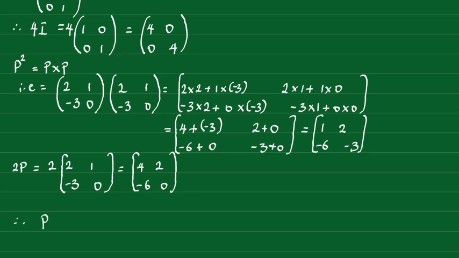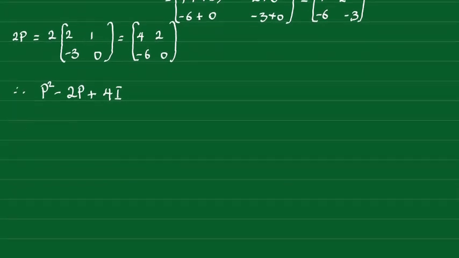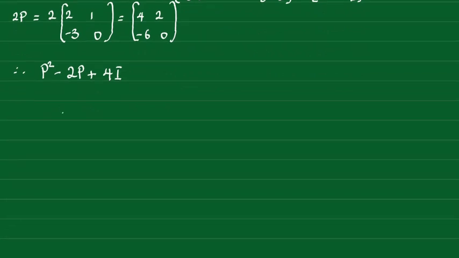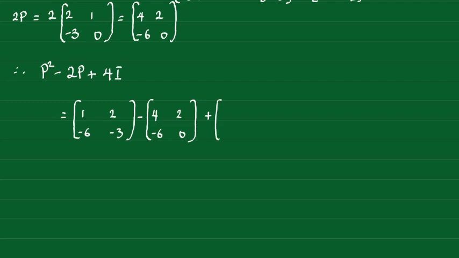Finally, all these will be equal to: we recall our value for P squared earlier on is (1, 2; -6, -3), minus our value for 2P, which we just got as (4, 2; -6, 0), plus our value for 4I, (4, 0; 0, 4).